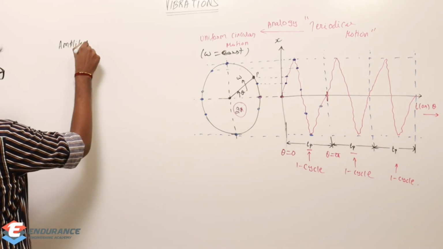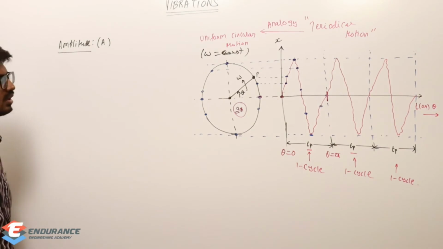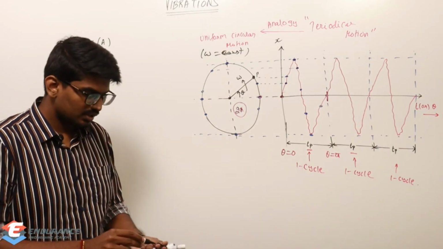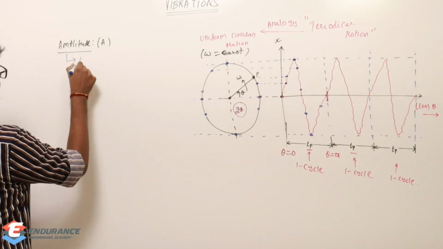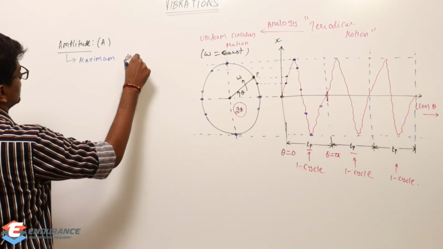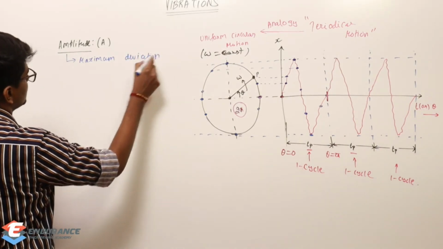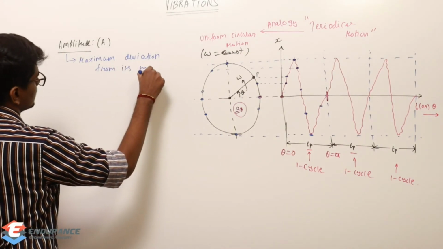I will represent it with A. So what is this amplitude? Amplitude is simply the maximum deviation from its mean position.